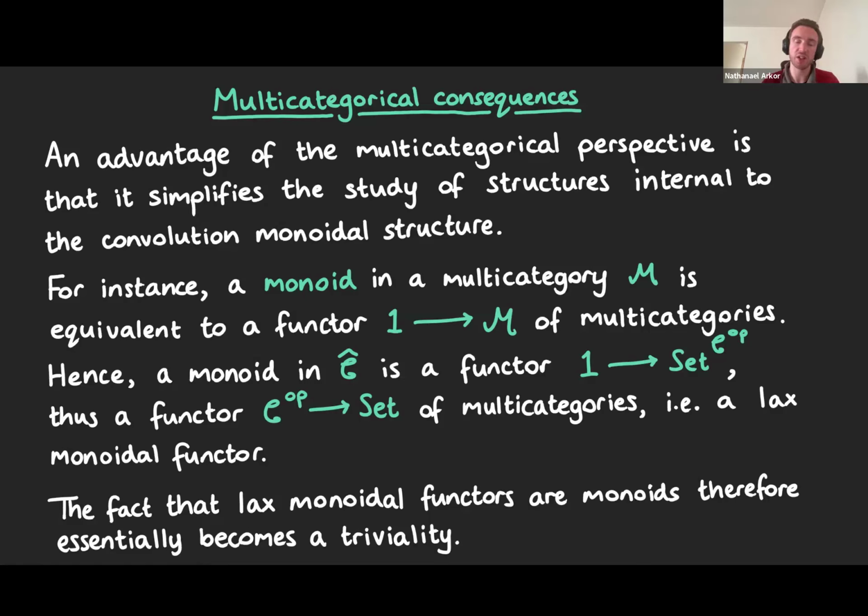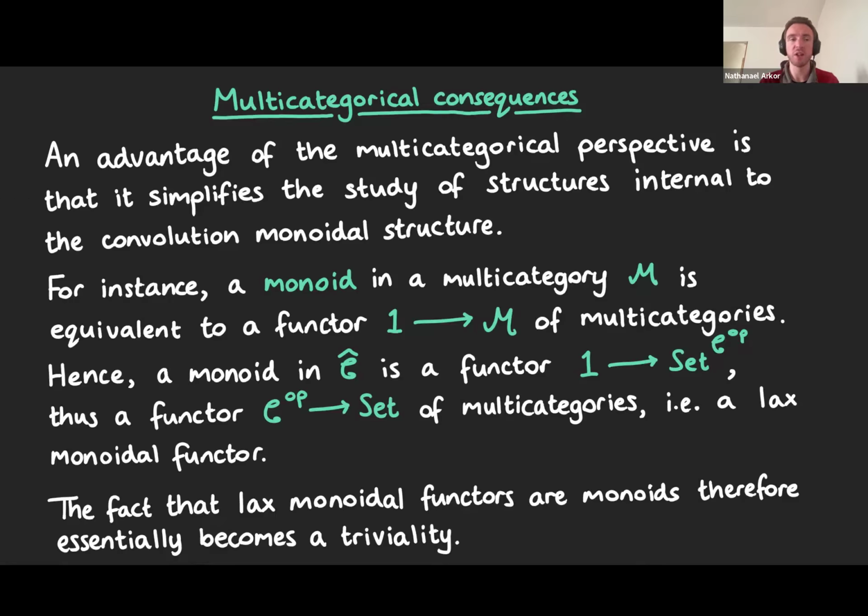So from this very simple derivation, we see that the monoids in the convolution monoidal structure on a presheaf category are precisely the lax monoidal functors from C op into set. You can also prove this using the Cohen calculus, but it's a bit more complicated than using the multi-categorical universal property. So this is very nice, and we'll be making use of this later in the talk.